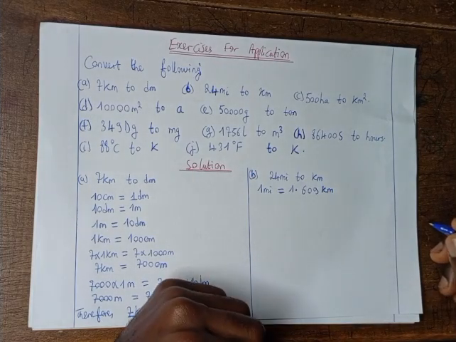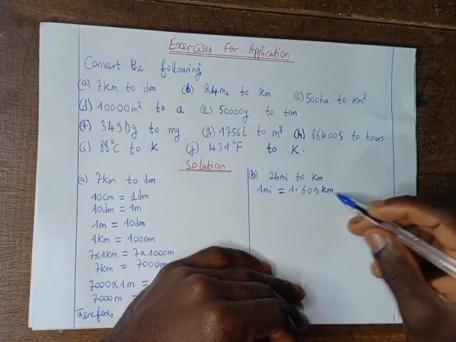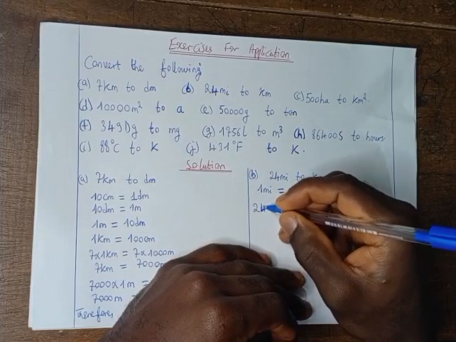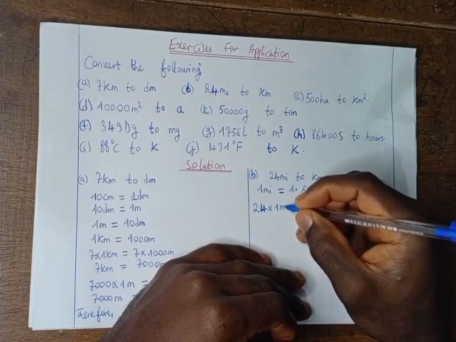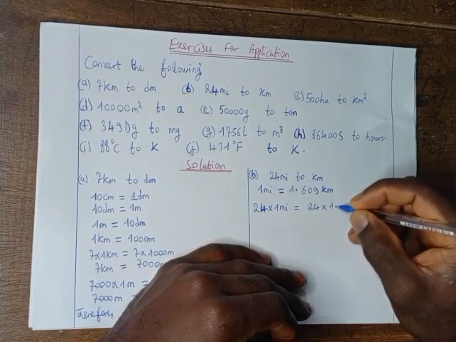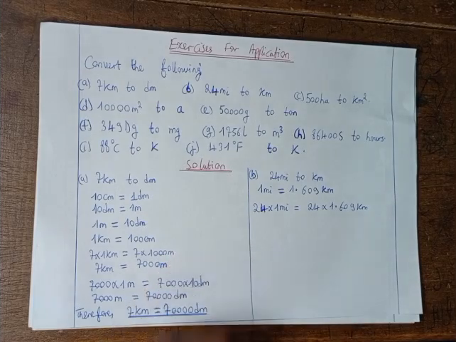So for us to convert 24 miles to kilometers, we are simply going to multiply both sides here by 24. Take 24 times 1 mile will be equal to 24 times 1.609 kilometers.